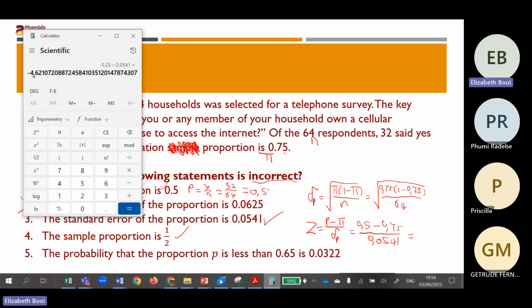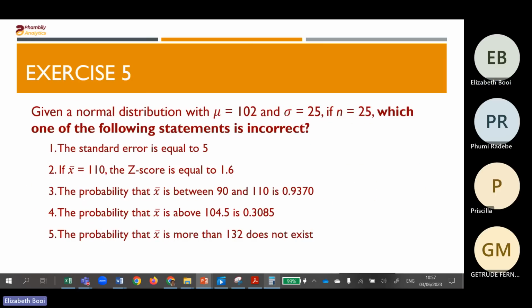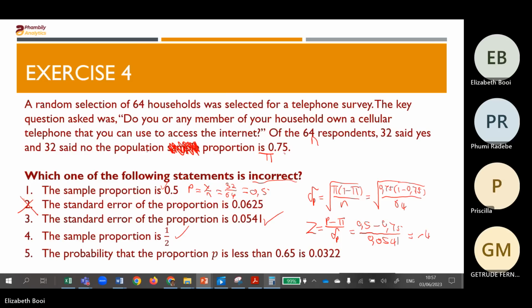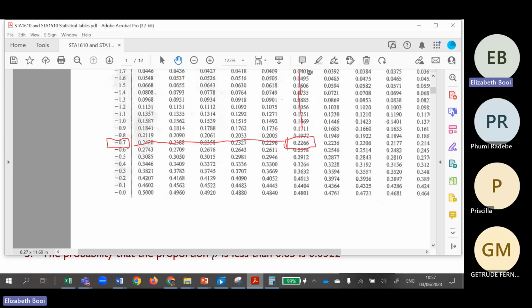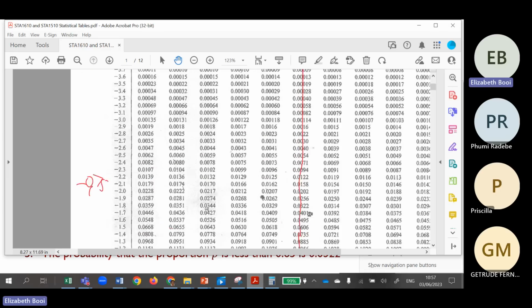And I have the answer as minus 4.62. So we go to the negative side and look for minus 4.